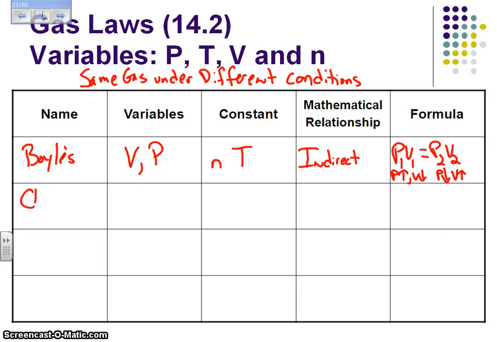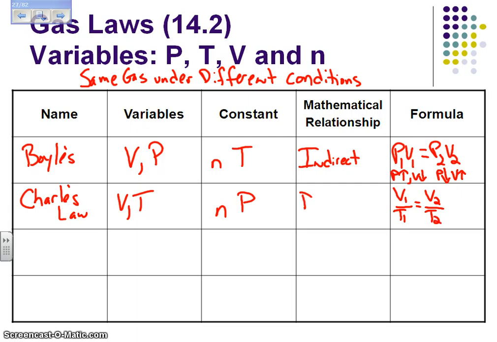The second law is Charles's law. Here our variables are volume and temperature. The amount of gas stays constant, as well as our pressure. Volume 1 over temperature 1 will equal volume 2 over temperature 2.